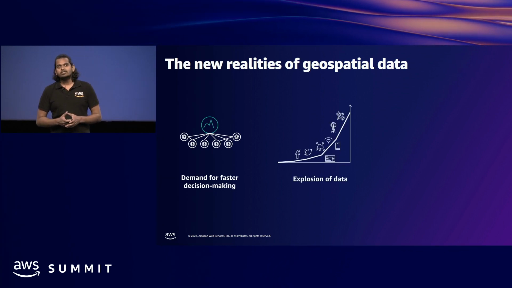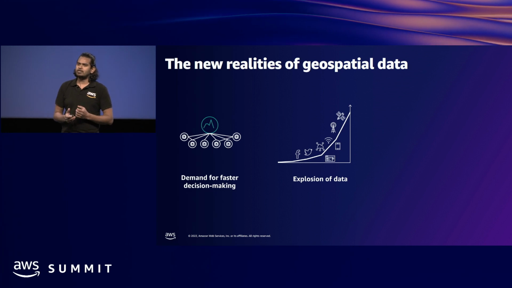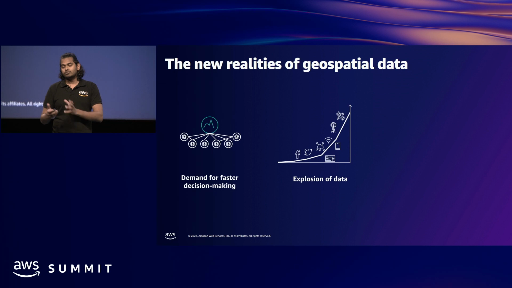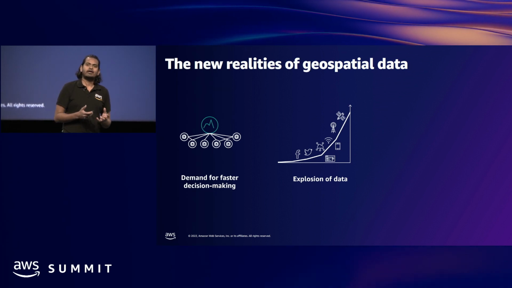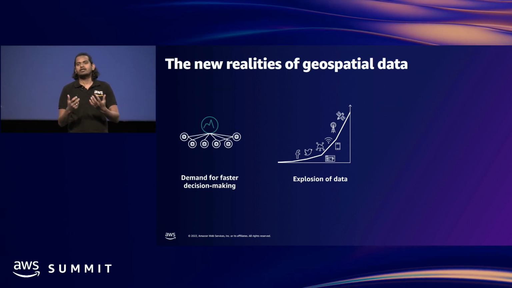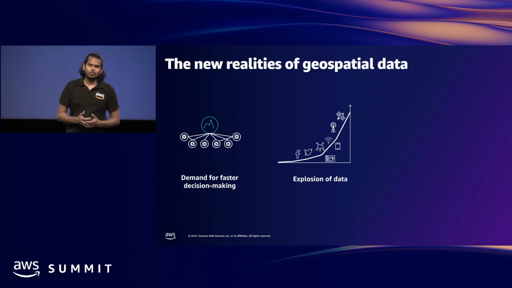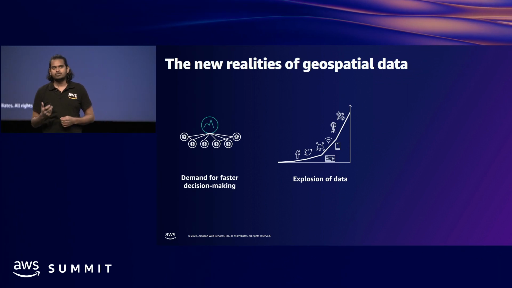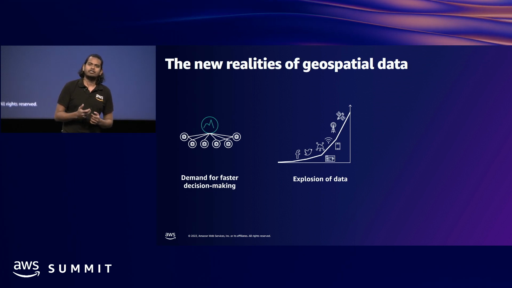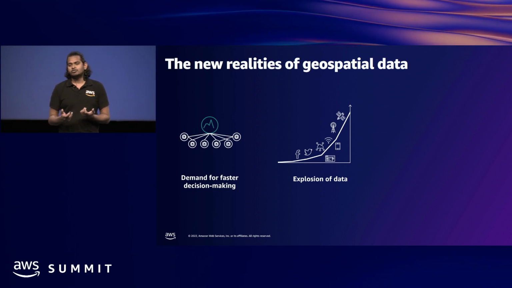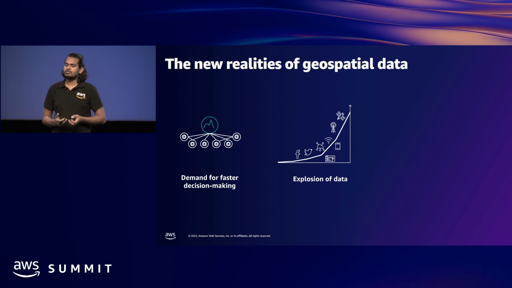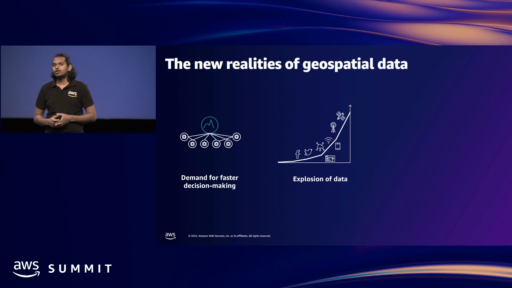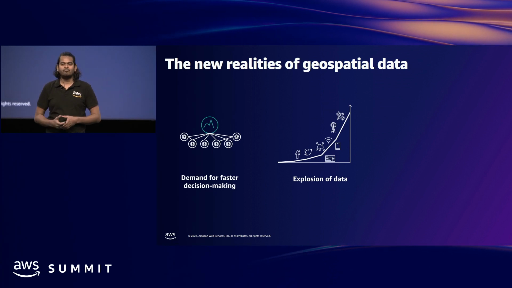Secondly, there is a large swathe of data that is available in this space. We have low Earth observation satellites, which are cheaper than ever to send into orbit, and they send us imagery back. There are drones. There are geotagged social media posts. There are devices, like mobile devices, that send geotagged posts. And then there are spatially intelligent IoT sensors that send semi-structured, structured, or unstructured data into your data platform for analysis.